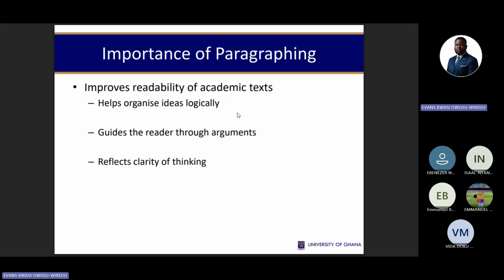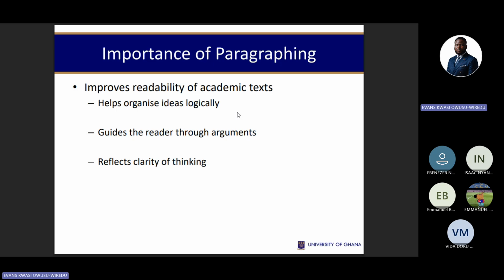So when you get it, you'll be able to make your own importance from it. And one of the things too is that it guides the reader through arguments. So how does it guide the reader? Since it has its own points within the main point that it is communicating, it's able to guide the reader on which exact point or argument to look out for and where it is.